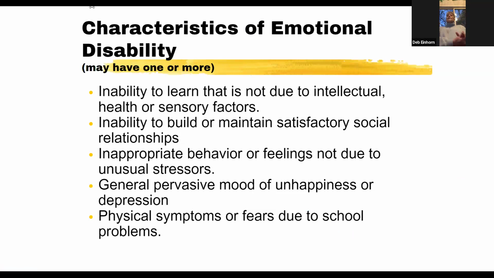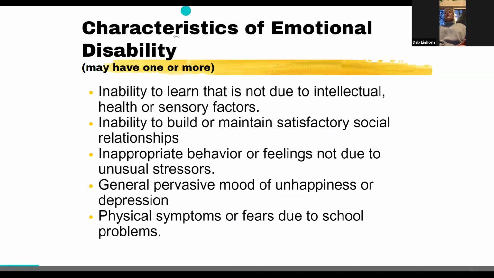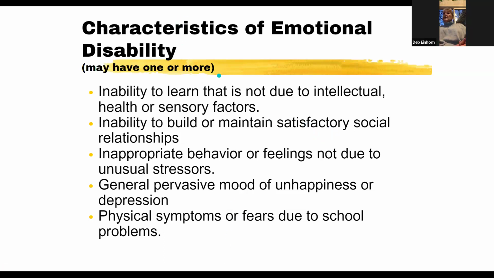In other words, children that have emotional disabilities might become extremely upset by things that typical people can just handle in stride. It could be characterized by a general pervasive mood of unhappiness or depression, and it could be characterized by physical symptoms or fears due to school problems, and that would include things like school phobias.